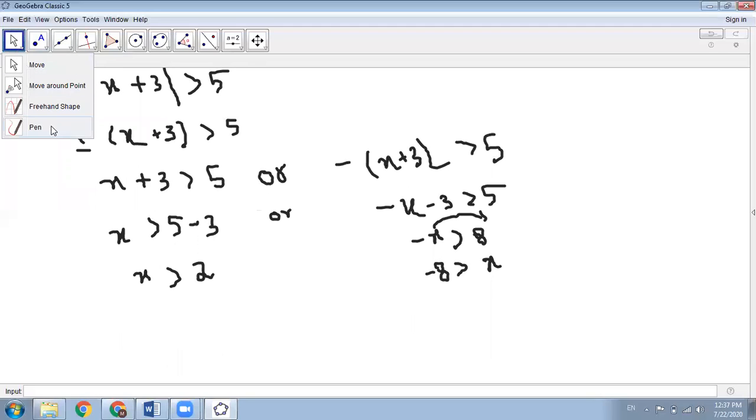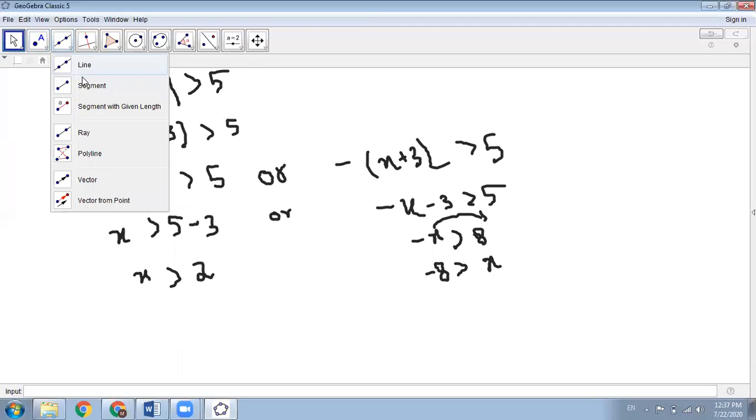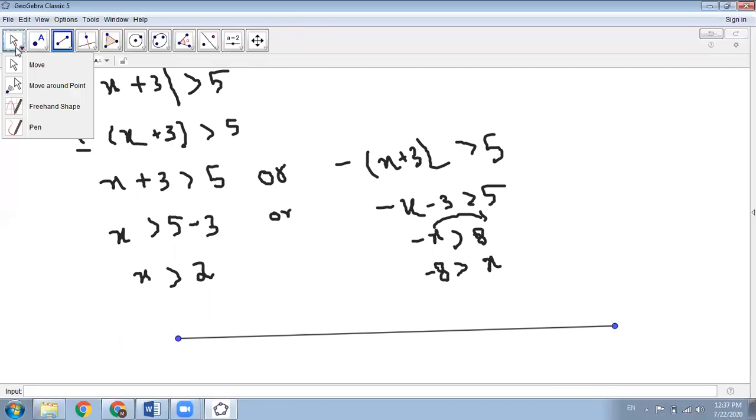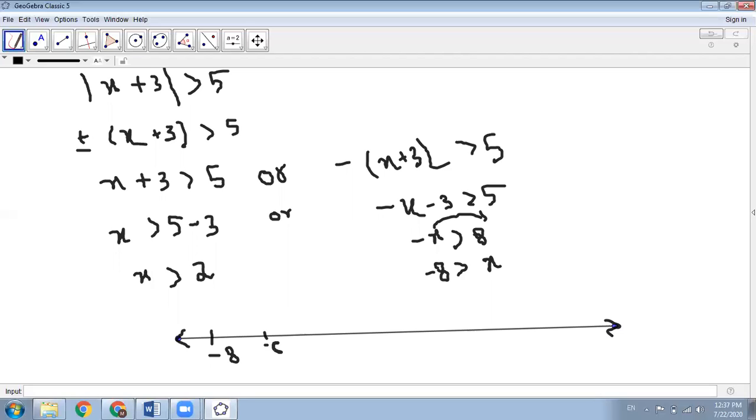Now, how can we represent this solution on the number line? We draw a number line. We have to start from minus 8, then minus 6, minus 4.